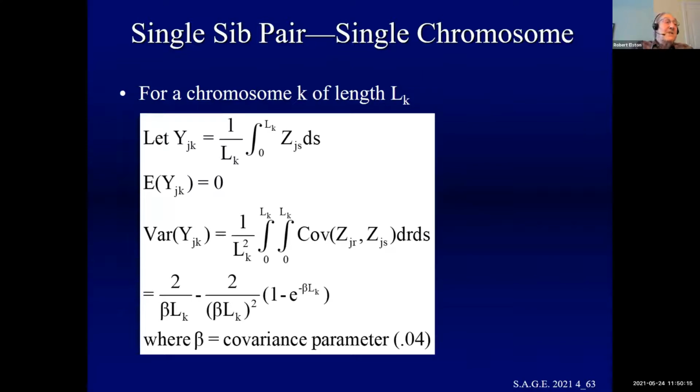And it turns out that the variance is 1 over L squared times a double integral from 0 to L_K of the covariance of Z_J at two points. And I don't remember all the details, I'm sure they're in her paper, you get this expression here, where beta is a covariance parameter that turns out to be 0.04 for full sibs.